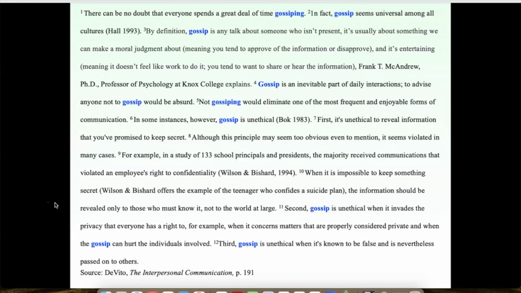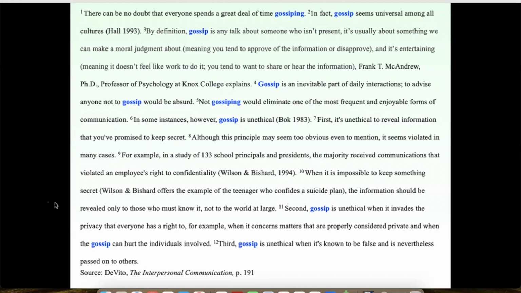When it is impossible to keep something secret, as in the example of teenagers who confide a suicide plan, the information should be revealed only to those who must know it, not to the world at large.